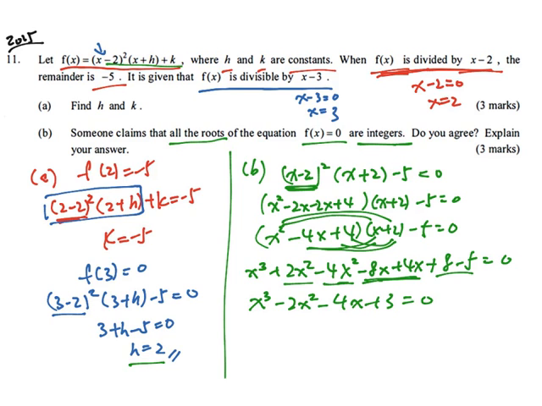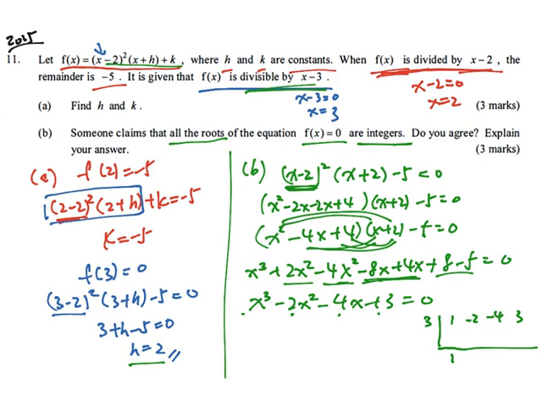And then next, because we know it is divisible by x minus 3, that means x equals 3. So we can use short division or long division. It's easy to use short division. 1, -2, -4, and 3. That means the coefficients divided by 3.